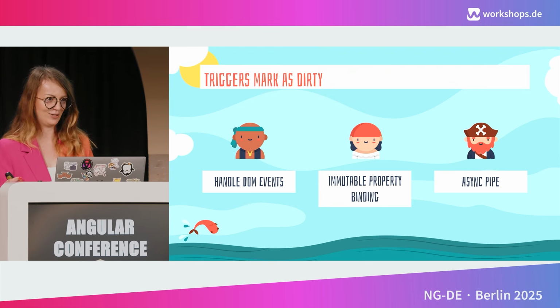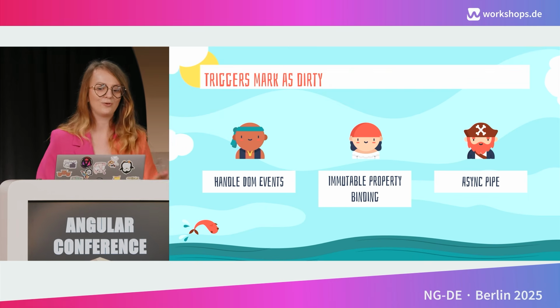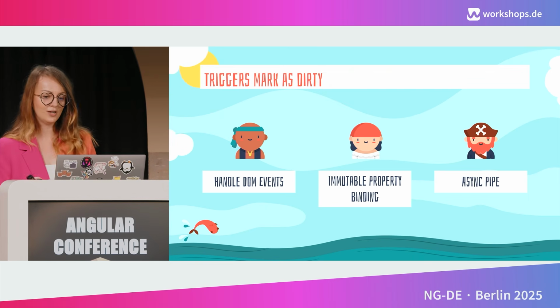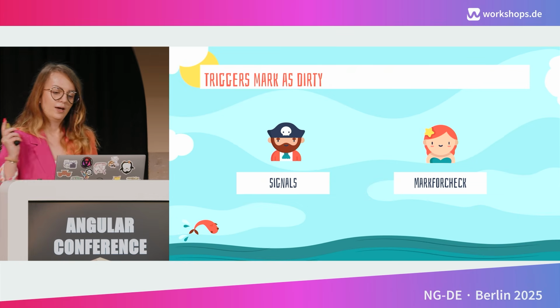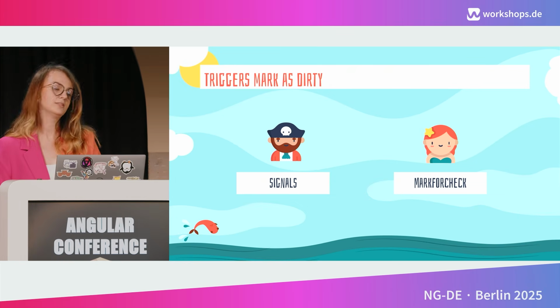Next, we have the async pipe, and that's why our RAM level was going down, because I used the async pipe. The next thing is signals, so signal value updates, and of course, markForCheck.